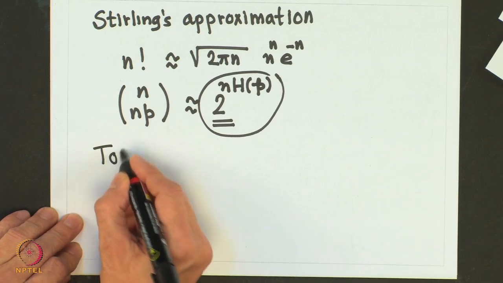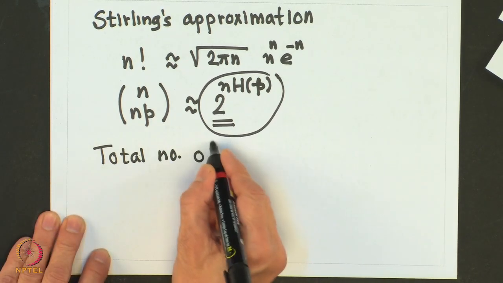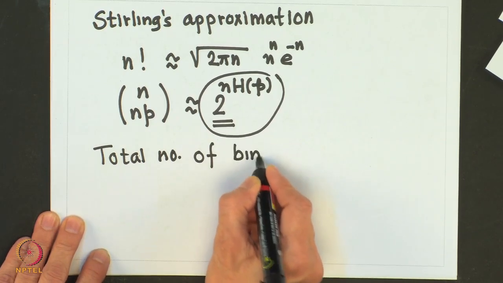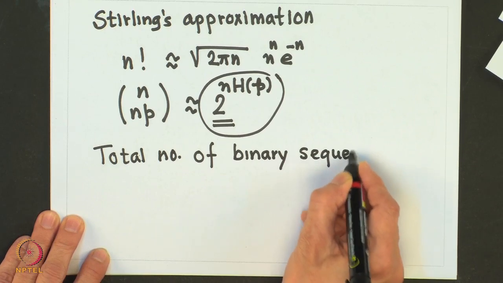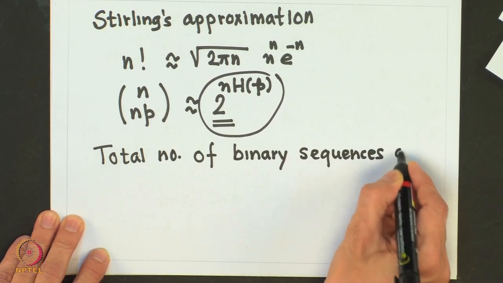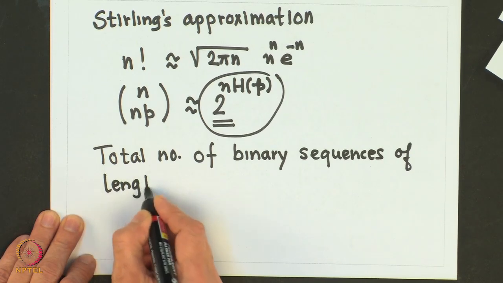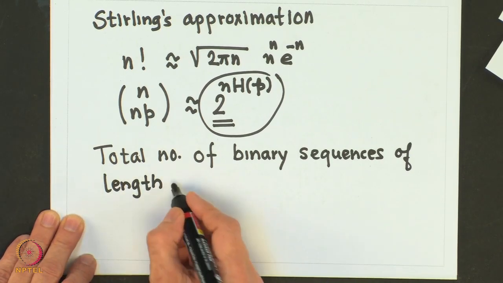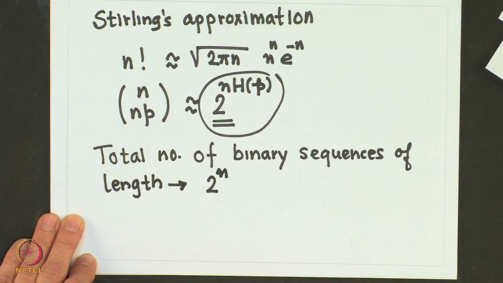The total number of binary sequences of length n at the channel output is given by 2 raised to n.